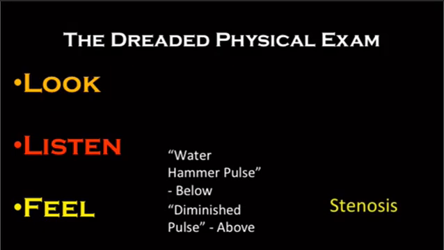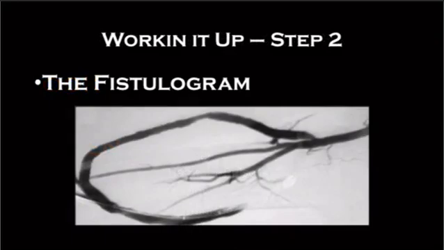All right, so now that we've done the physical exam, we're going to do a fistulogram. But before we start, we should discuss contraindications. There's really only one, which is infection. An infected vascular access is an absolute contraindication for percutaneous intervention.